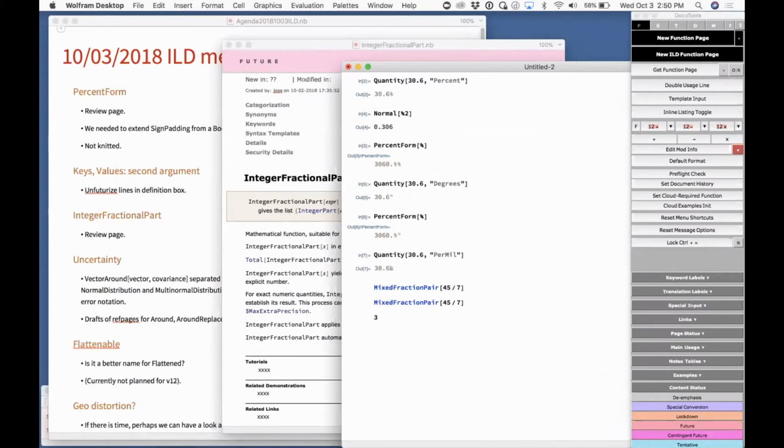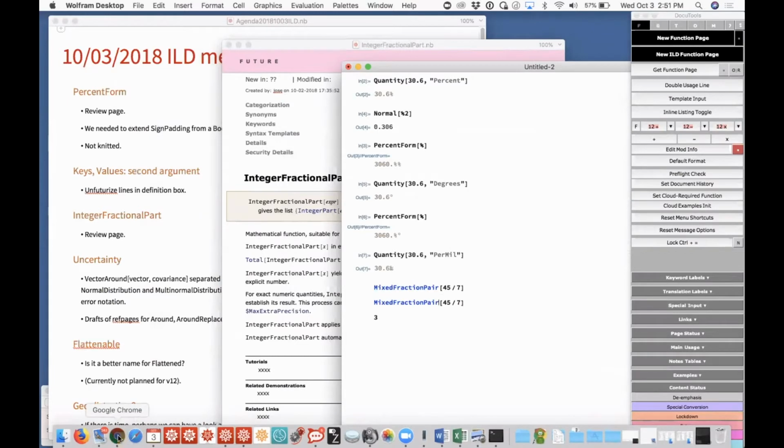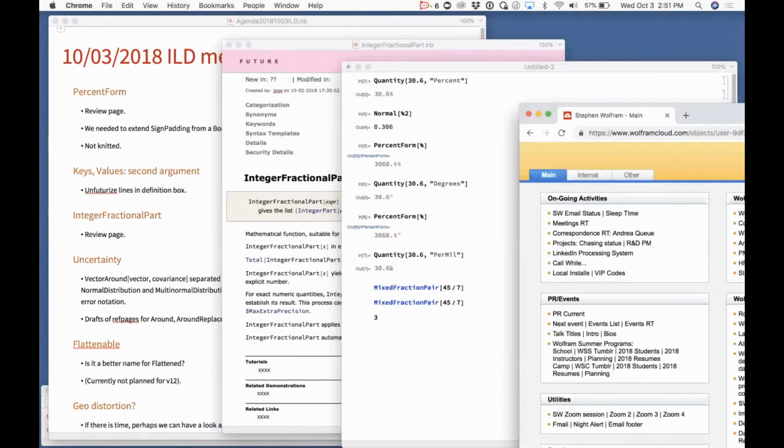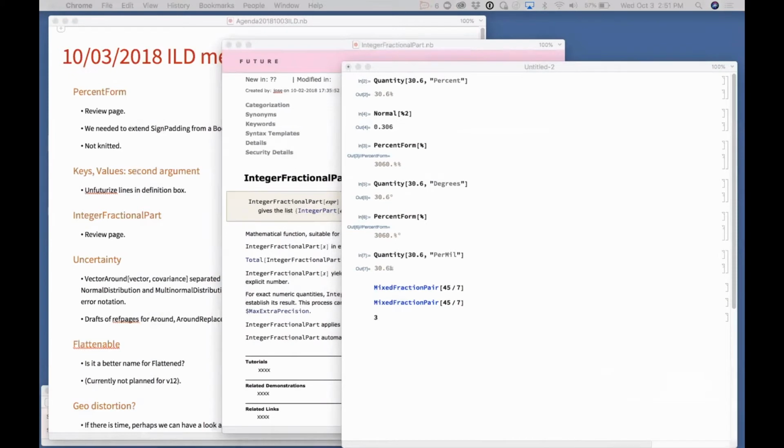I wonder whether these things have a name in the elementary math literature. What do you call the 2 pieces of a mixed fraction in elementary math literature? The integer part, 2 words, and the fraction part, or rational. A mixed number, a mixed fraction. At least we have something on MathWorld that's more encouraging.